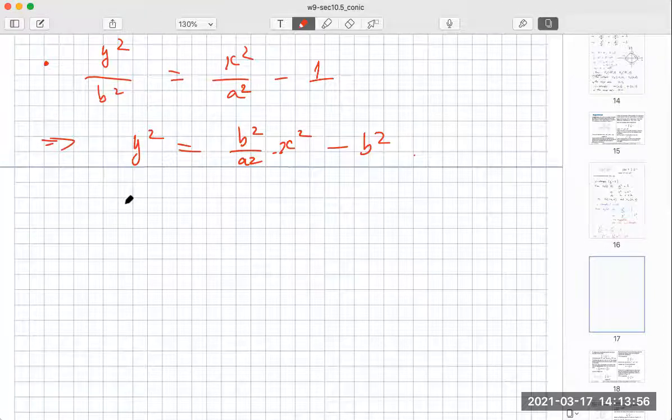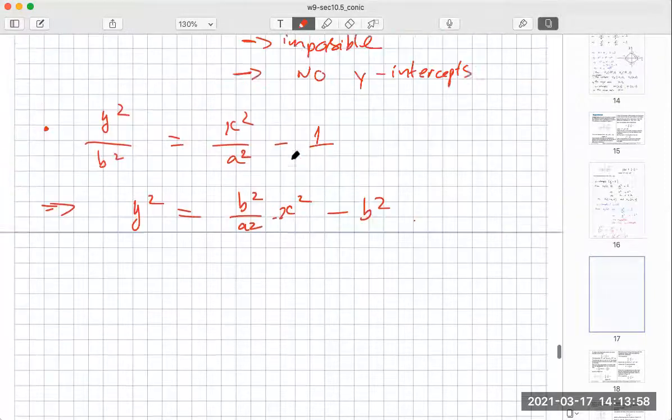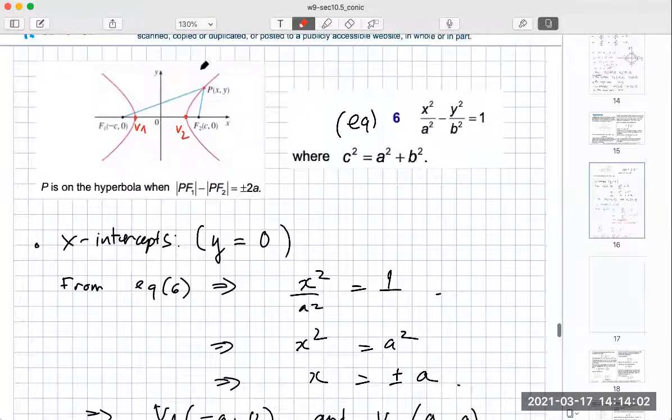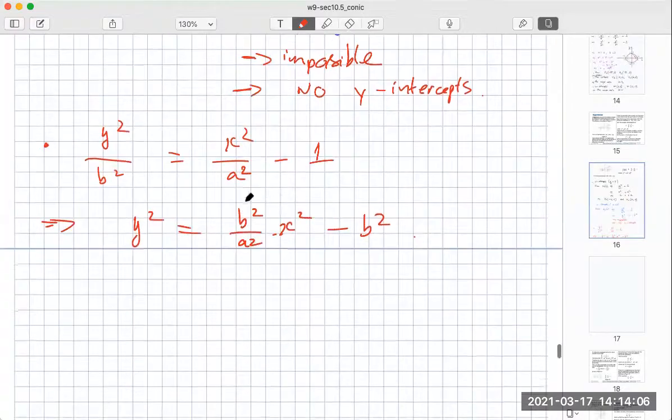Because we see that x is always larger or equal to a, this term is always larger or equal to b squared.